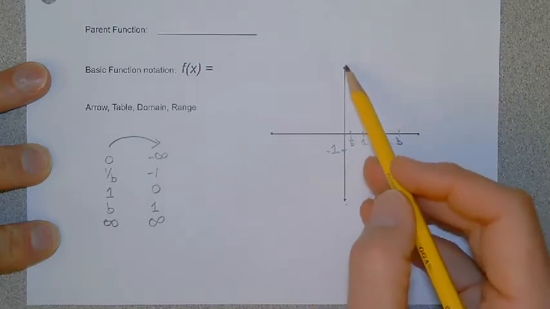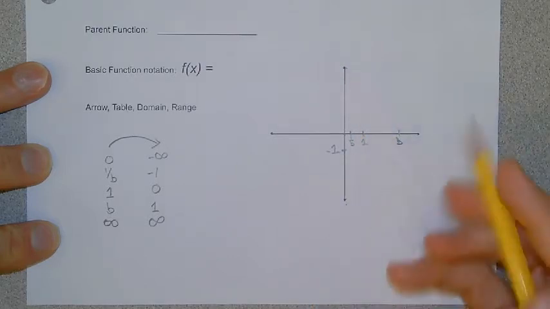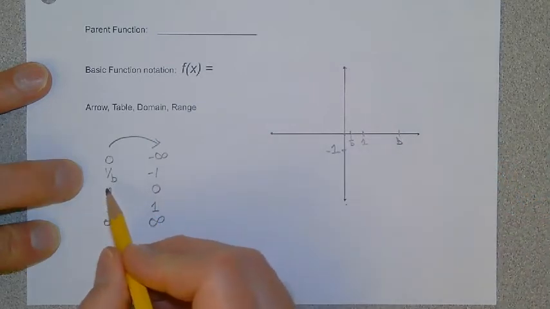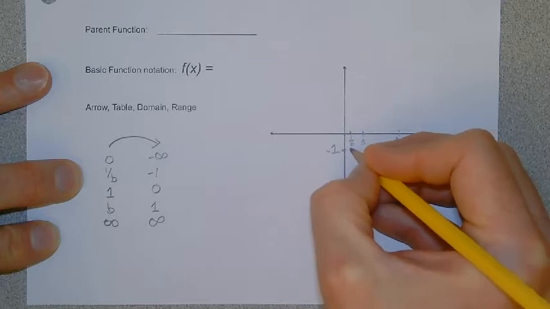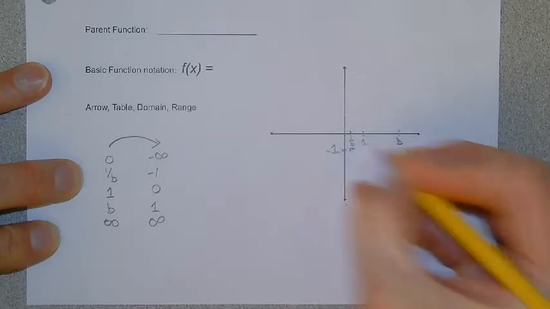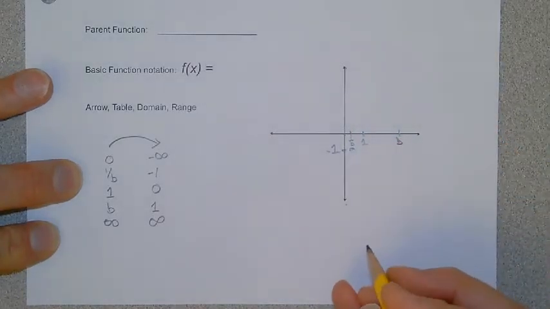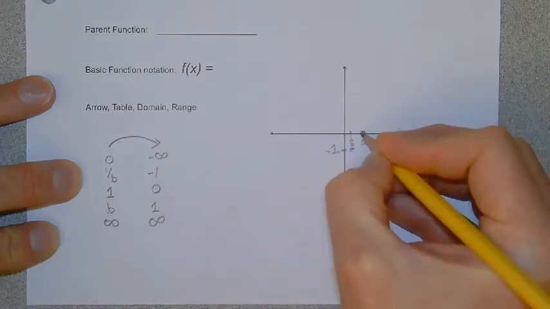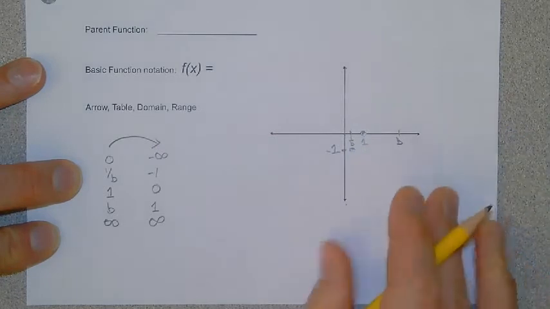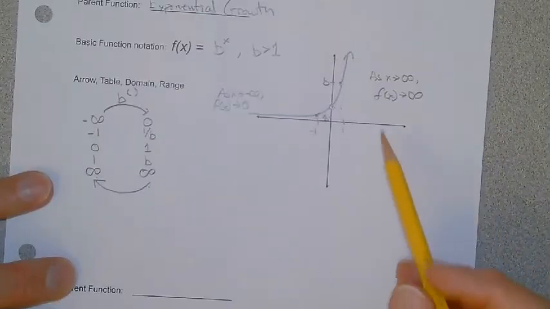Output of positive infinity is up there. When we input a 1 over b, we get a negative 1 as an output, so that gives us that point. When we input a 1, we get an output of 0, so that's an x-intercept. That was the point that was a y-intercept.